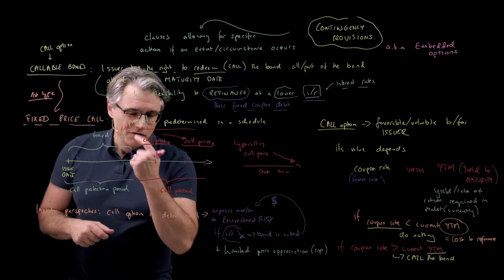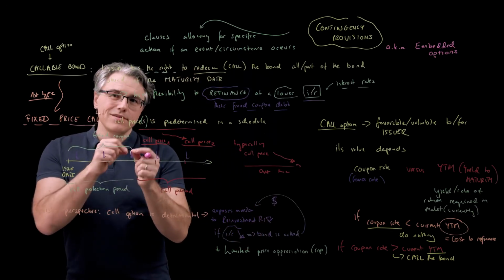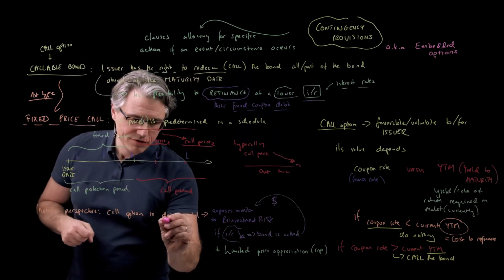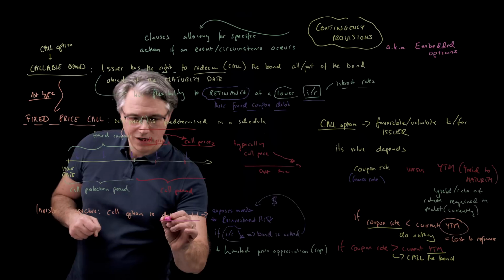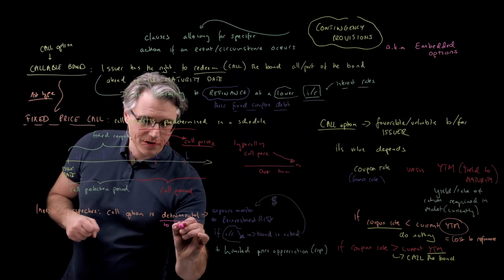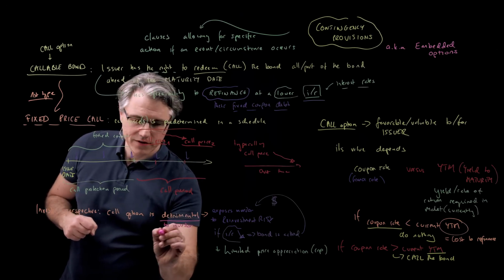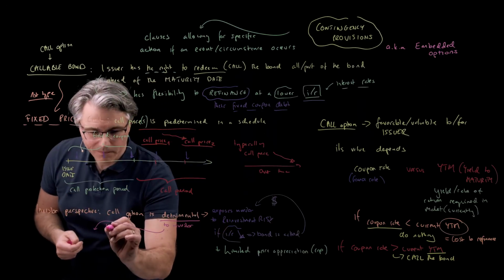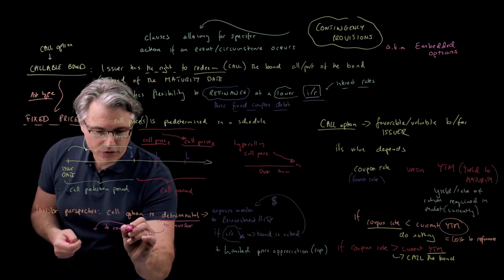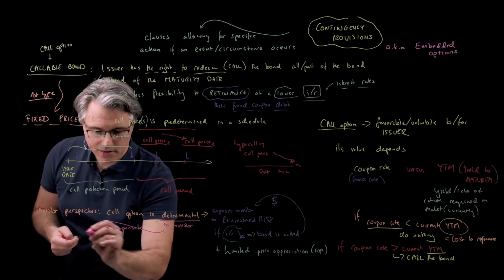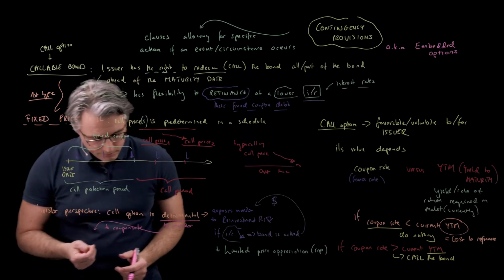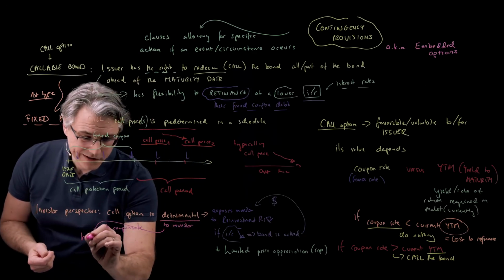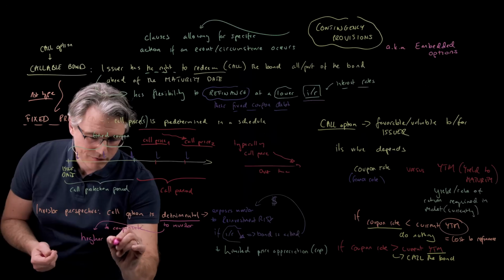Whenever you're introducing a feature into a bond which is detrimental to the investor, you have to compensate the investor for that. So to compensate the investor for taking that risk, you're going to offer a higher yield on the bond, a higher rate of return.